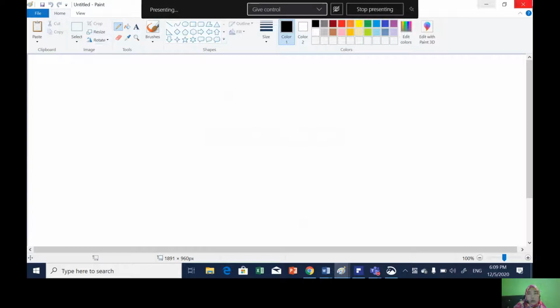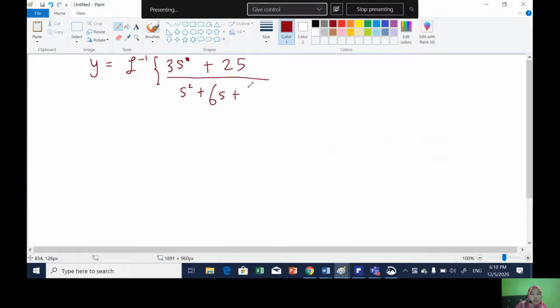I'm going to write this down again on a new screen: 3s plus 25 over s squared plus 6s plus 13. So look at the one in this bracket, and at the denominator part.